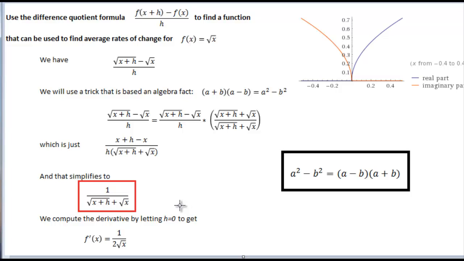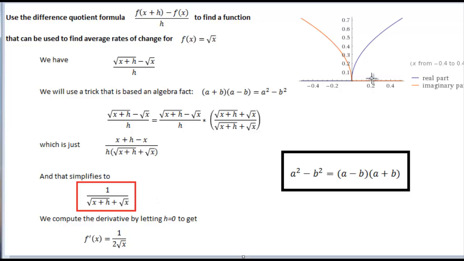Notice that we picked up some square roots in the bottom because we had to multiply the bottom of the fraction by this messy looking bunch of square root stuff. So that's still in the bottom of our fraction, but it's not too bad. This is the formula for calculating the average slope over an interval. The interval starts at x and extends to the right by a length of h.